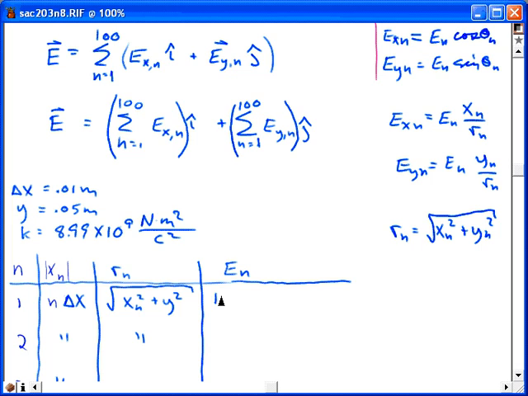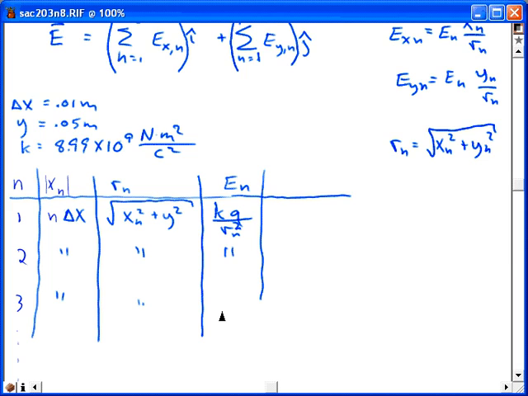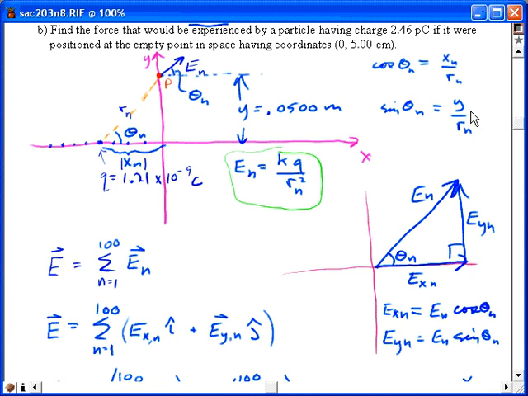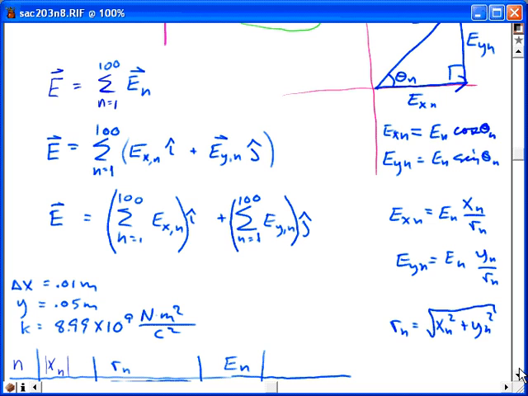So that's k Q over r sub n squared. And the value just depends on what r sub n is. kQ over r squared, essentially straight from the formula sheet.